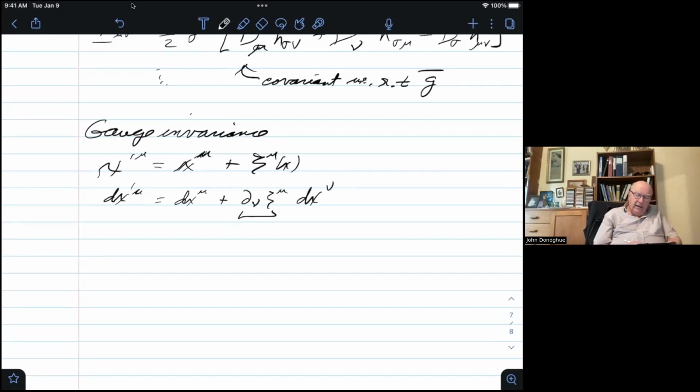And the field H, so we know how G transforms. Actually, no, we don't know how G transforms. I guess I should do that one out.